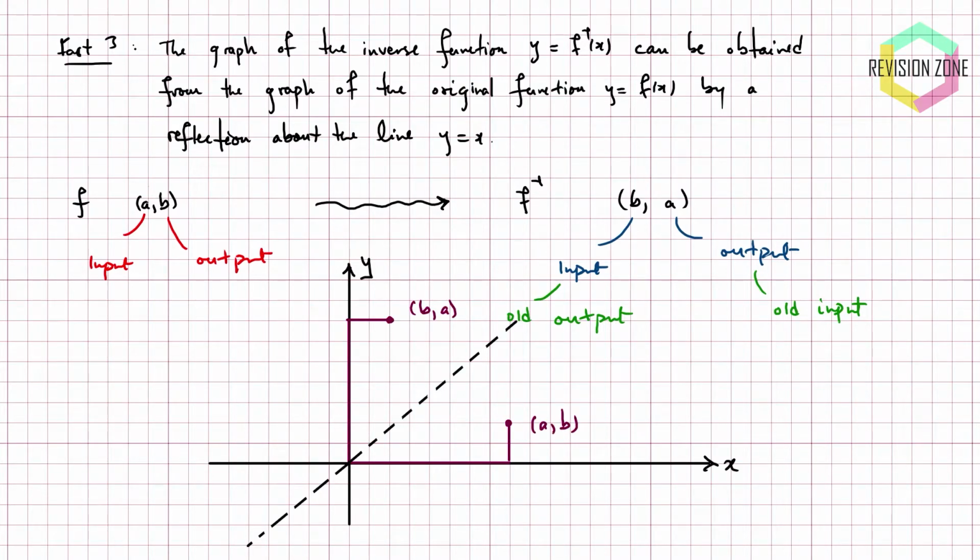Okay, here's a diagram to help us think. So let's take this point here to be (a, b). And what that means is this distance here is a, right? And then this distance here is b. So I'm going to go a across and then I'm going to go b up, right? But now if I want to plot (b, a), that means I'm going to go b across.